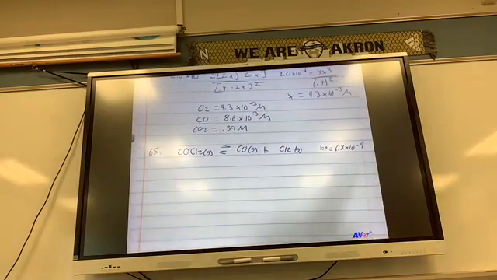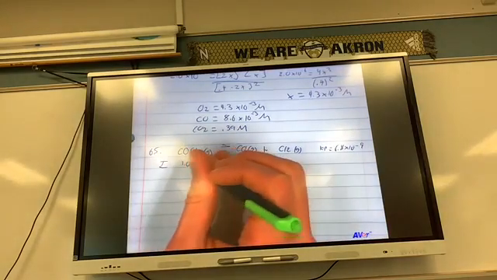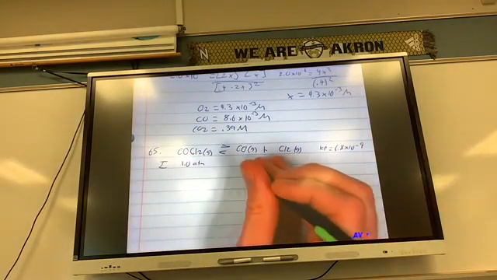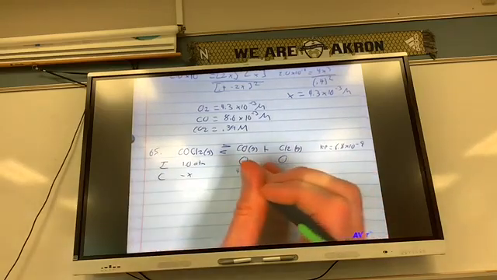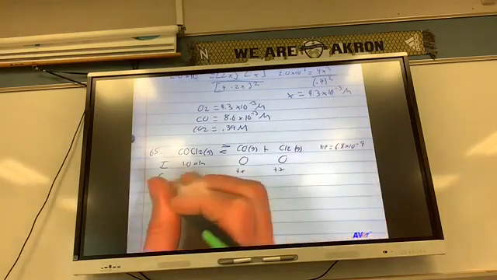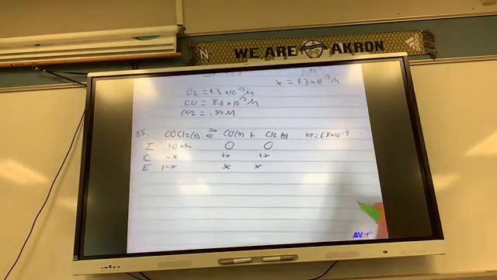Pure phosgene at an initial pressure of 1 decomposes, calculate the equilibrium pressure of all species. So, initial, I got 1.0 atm, 0, 0. Change, minus x, plus x, plus x. Equilibrium, 1 minus x, x and x.